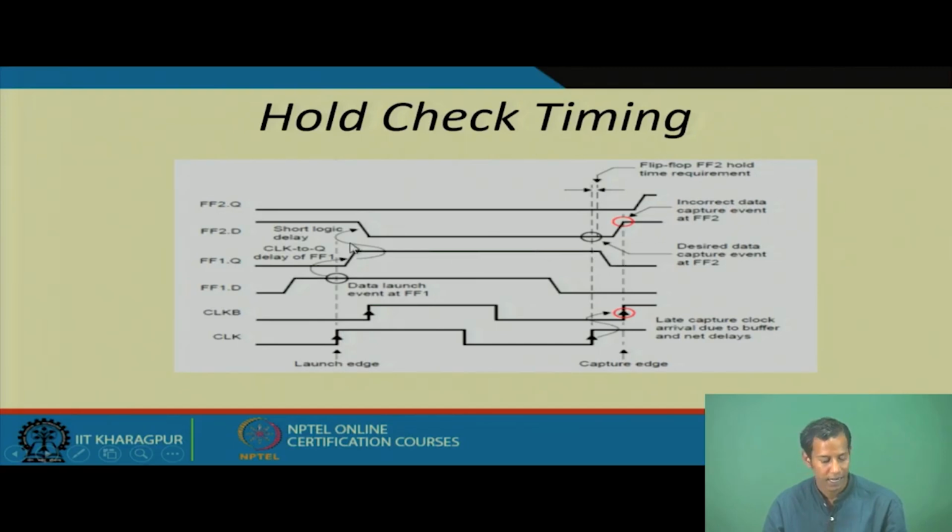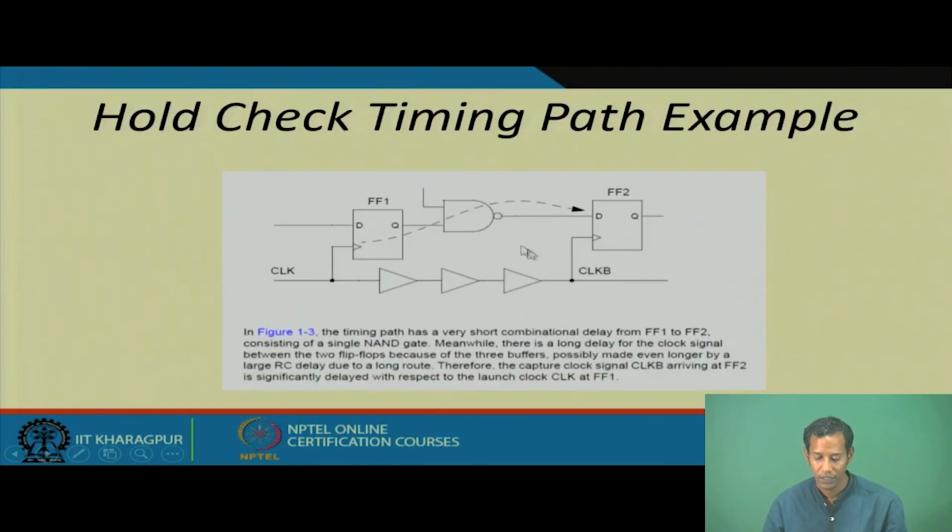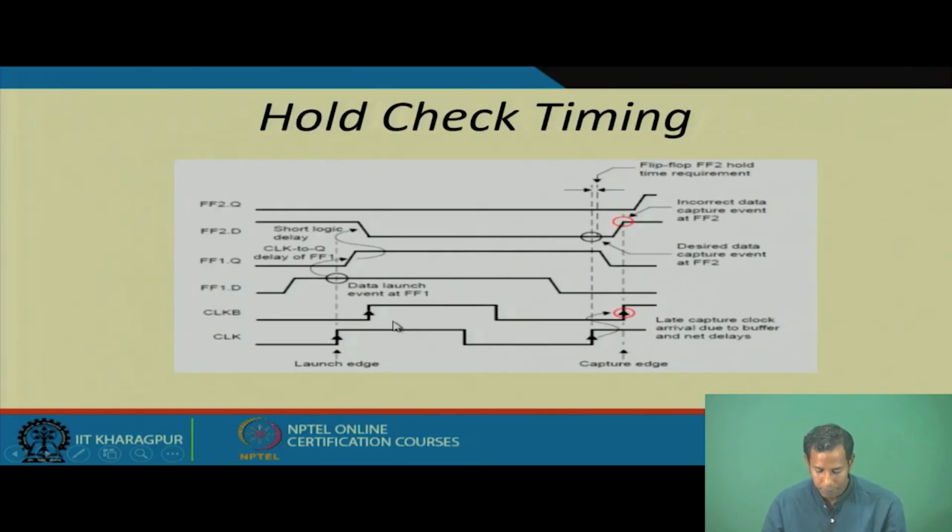Then what will happen with the second flip flop? As its clock is already shifted, at this particular edge, which is the capture edge for the second flip flop, some incorrect data will be captured at flip flop 2.